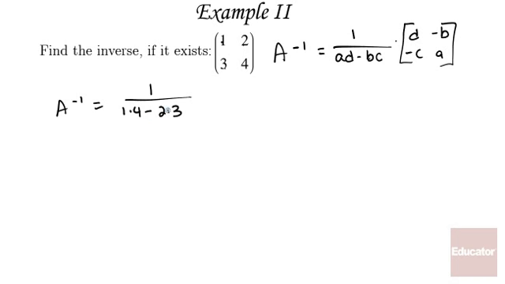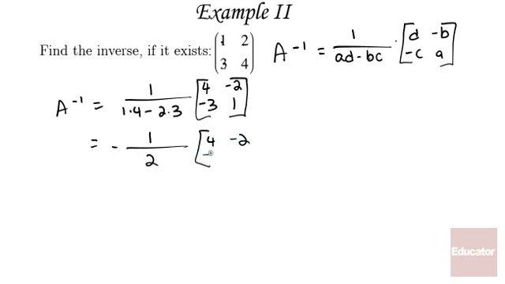I didn't get 0 down here, before I proceed any farther. Times, D and A means I'm going to switch these two. 4 is going to go in the A position, 1 will go in the D position. For B, I'm just going to take the opposite sign, and for C, I'm just going to take the opposite sign. Proceeding, this is going to give me 4 minus 6, as I said, which gives me negative 1 half, times the matrix 4, negative 2, negative 3, 1.